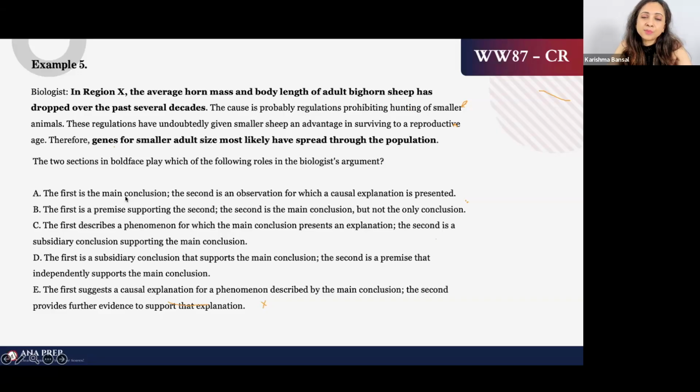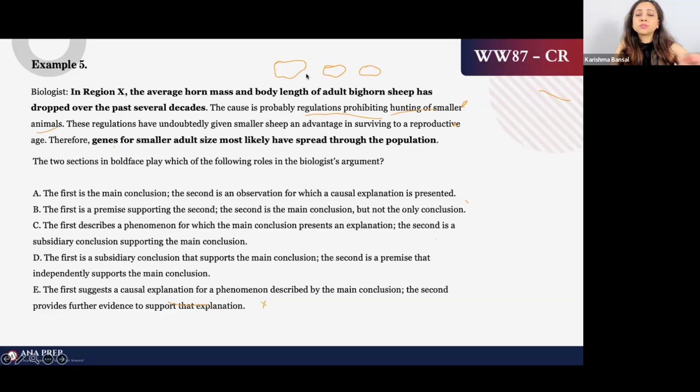So, guys, what is the main conclusion over here? He says that we have observed that the average horn mass and body length of these sheep has dropped. We are seeing that these sheep are getting smaller and smaller in size. Now, he says the cause is probably regulations prohibiting hunting of smaller animals.